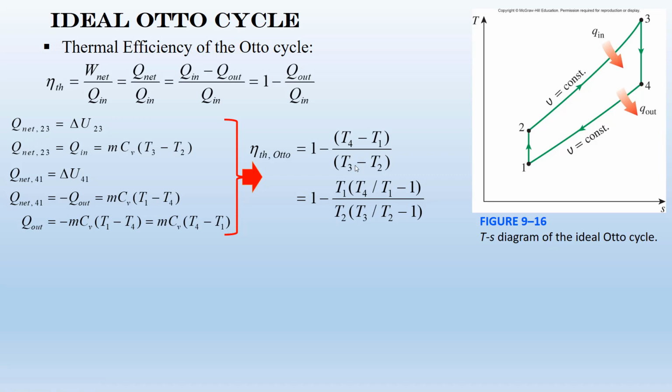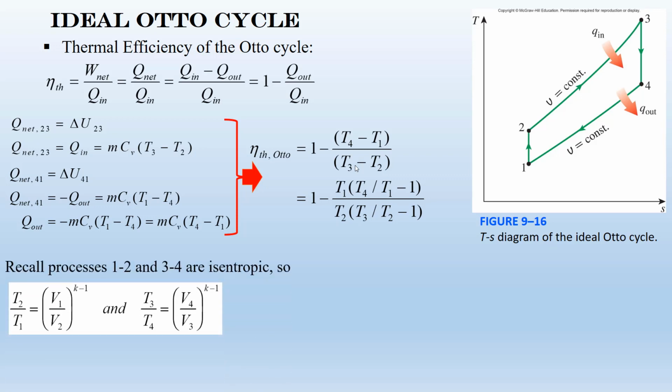Now, let's see if we can simplify this equation. So look, guys, this is the ideal Otto cycle, correct? If you remember from the previous chapter, for an isentropic process with constant specific heats, we can write these equations.